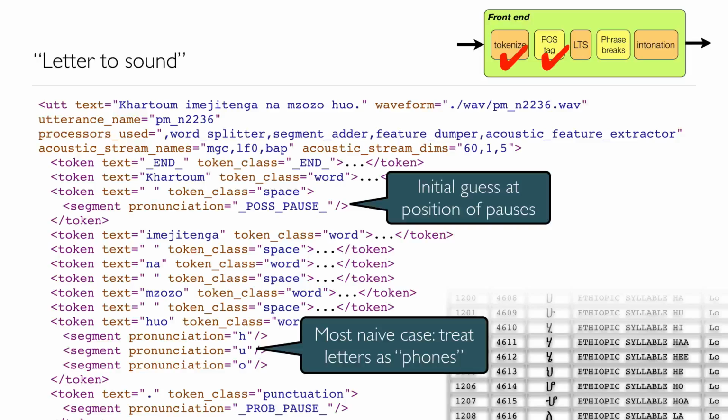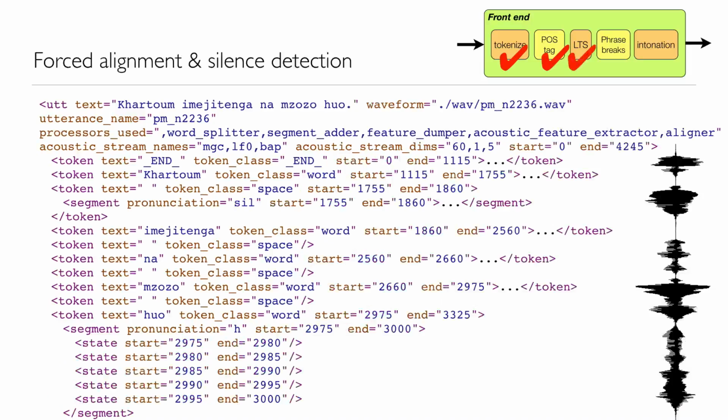Before sending this data to an aligner to get time alignments, we also make an initial guess of where to put silences, possible or probable pauses. We can do that just by hypothesizing that there'll probably be a pause at punctuation and possibly at white space. Given that, we can do an alignment.